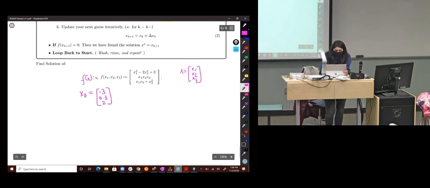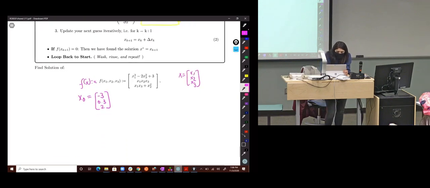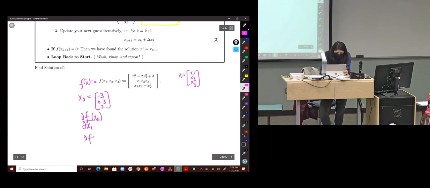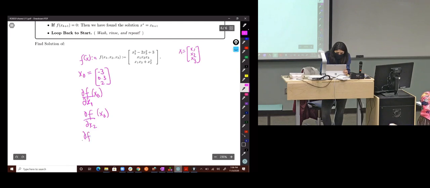Next thing is I want to calculate my differential at x naught. So I want to do del f by del x1 at x naught, then del f by del x2 at x naught, and del f by del x3 at x naught.